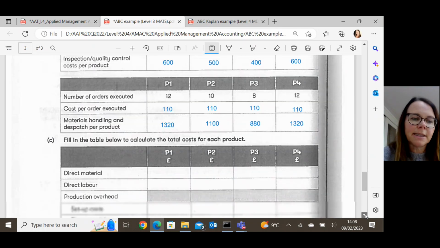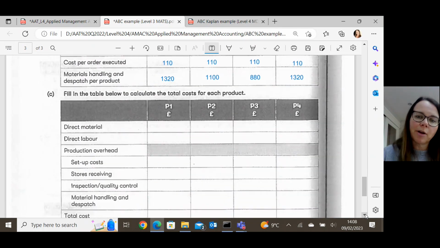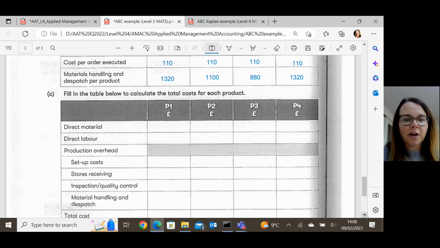So then we come to part C, fill in the table below to calculate the total costs for each product. So direct material, put it right back to the beginning. So we've got £40 of cost per unit for direct material, and we've got 120 items of P1.